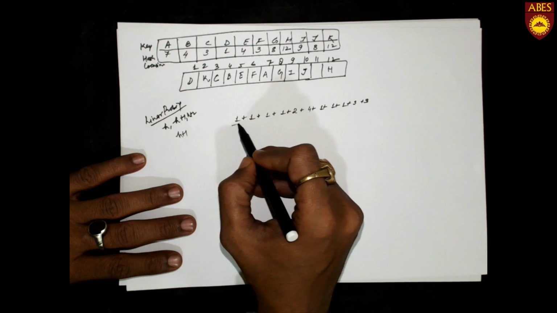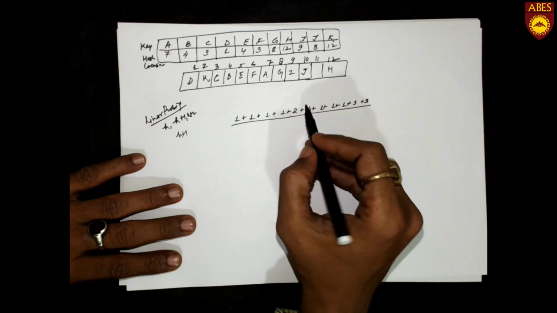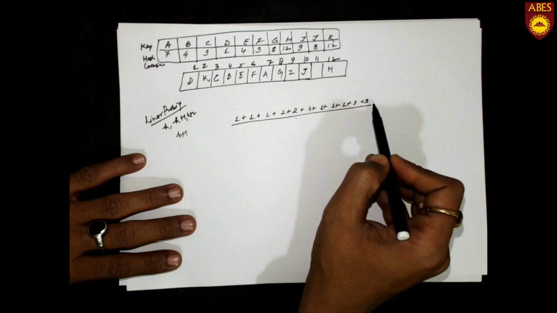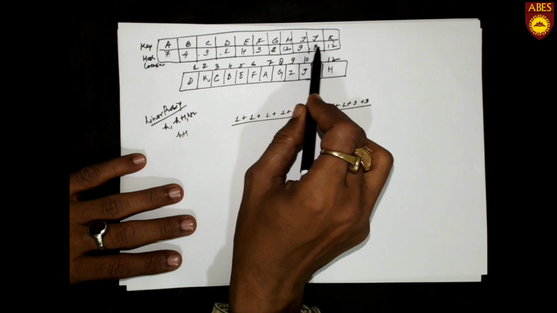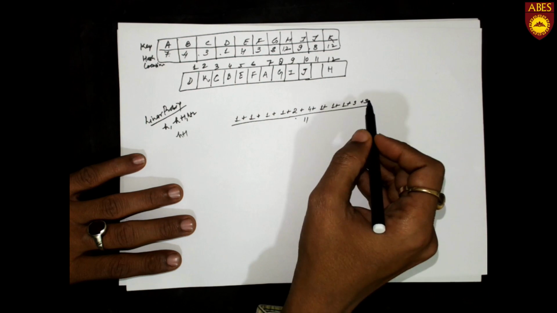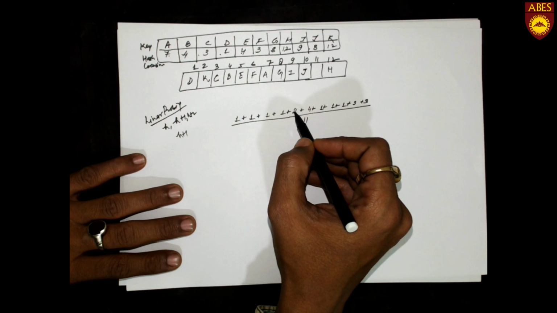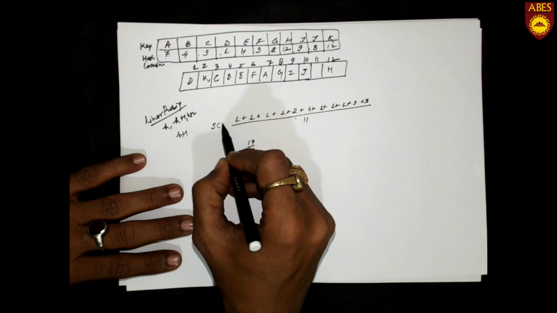If you find out the average number of comparisons required for searching this set of data, so that will be equals to the entire thing divided by 1, 2, 3, 4, 5, 6, 7, 8, 9, 10 and 11. So this was 19 by 11. We say that this is S lambda.